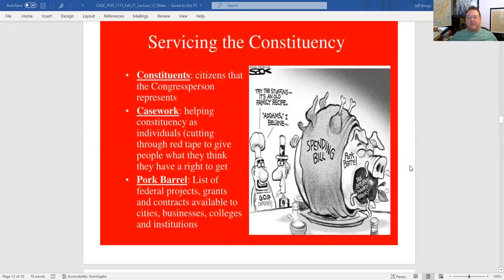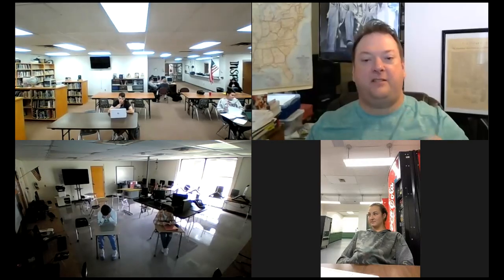All right, now this slide shows us a very important way to define the Congress. Congress can be defined as balancing national goals with local interests, right? Let's go face to face.